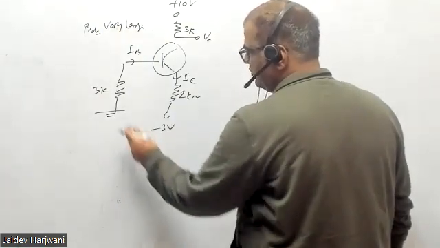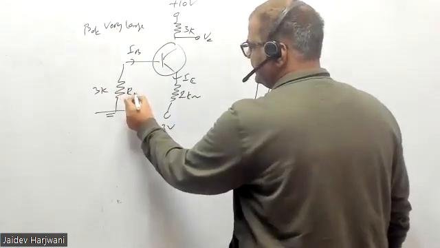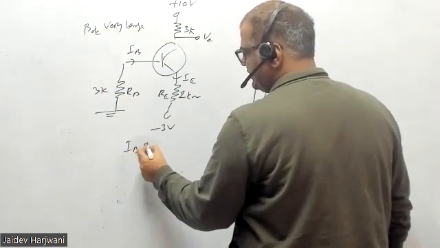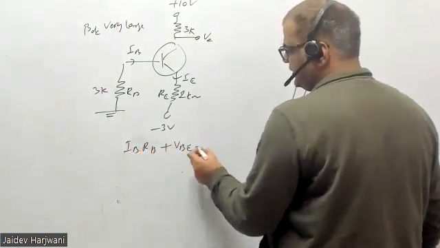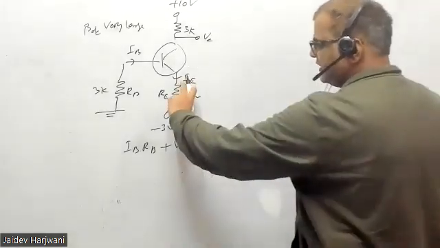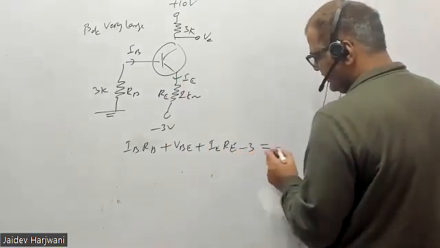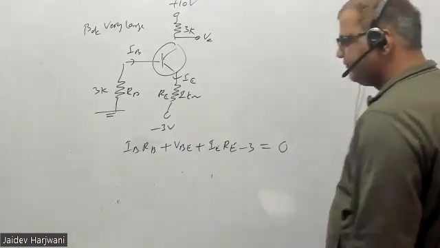I call this RB and this RE. So I'll write the equation: IB RB, then VB, then IE RE, and finally minus 3 volt, equal to 0. Is this the correct equation or not? Tell me.